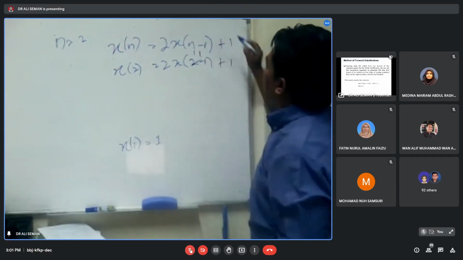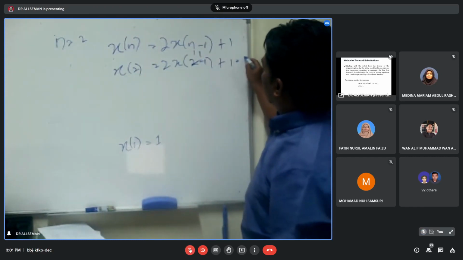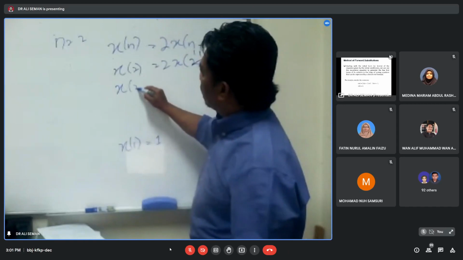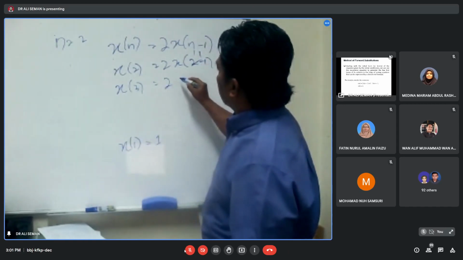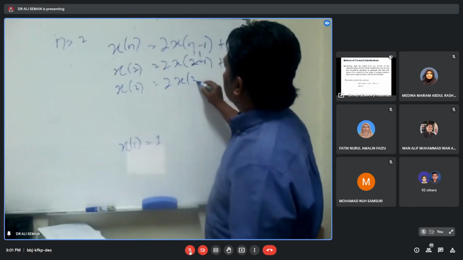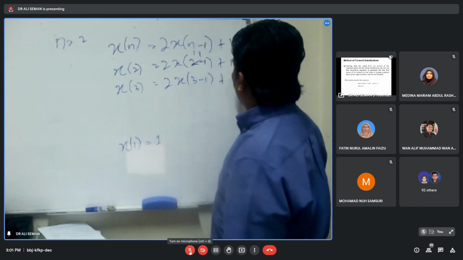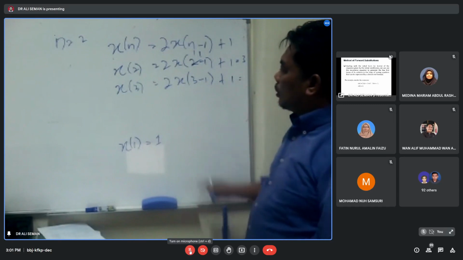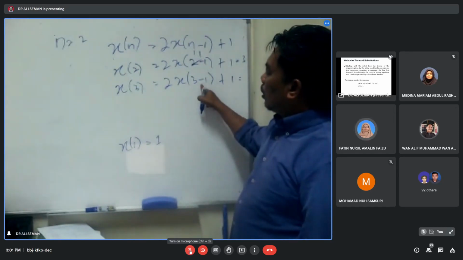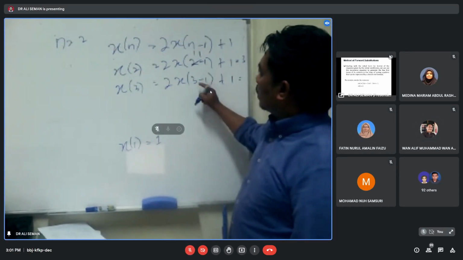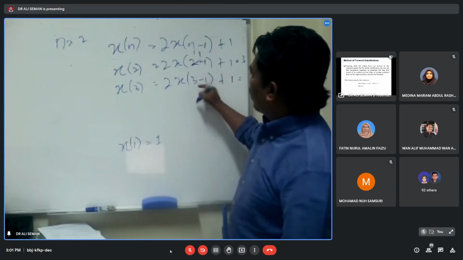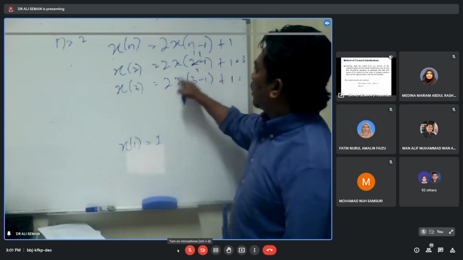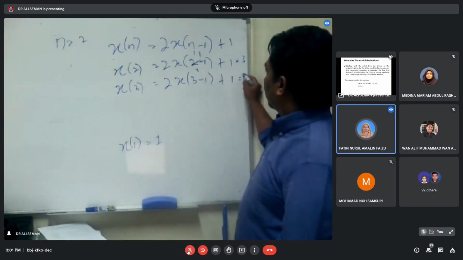What is the answer? 3, right? Okay. If n equals 3, we need to substitute: 2 times x of 3 minus 1, plus 1. What is the answer? 7. Because 3 minus 1 is 2, for 2 we return 3, right? 2 times 3 is 6, 6 plus 1 is 7.